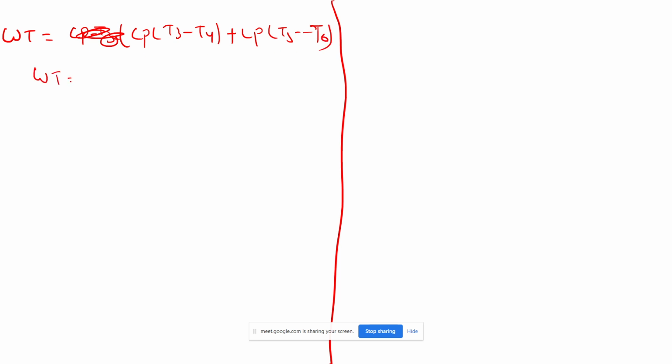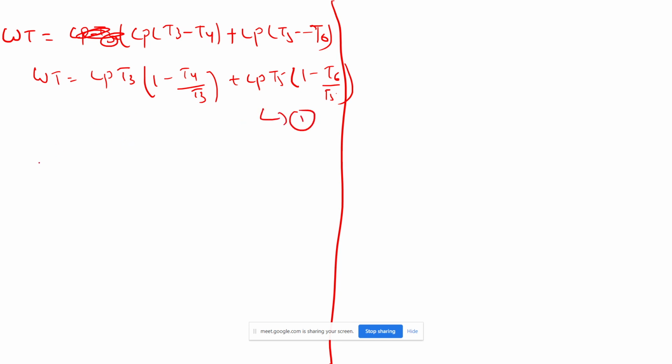Taking T3 common, Cp T3 times (1 minus T4 upon T3), plus Cp times T5 common, (1 minus T6 upon T5). This we will take as equation number 1.